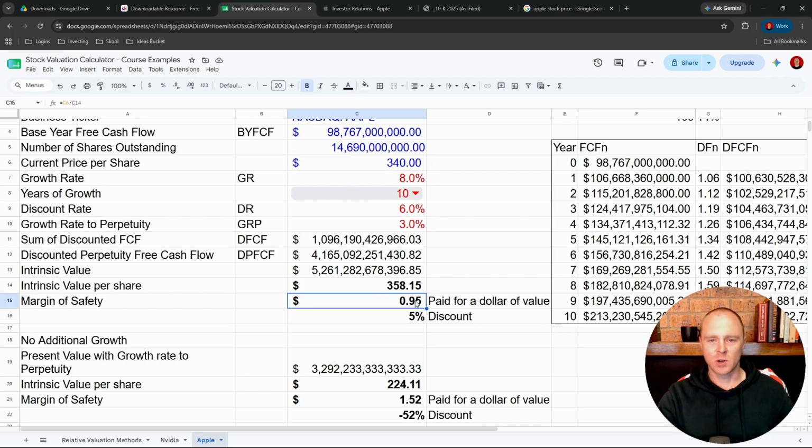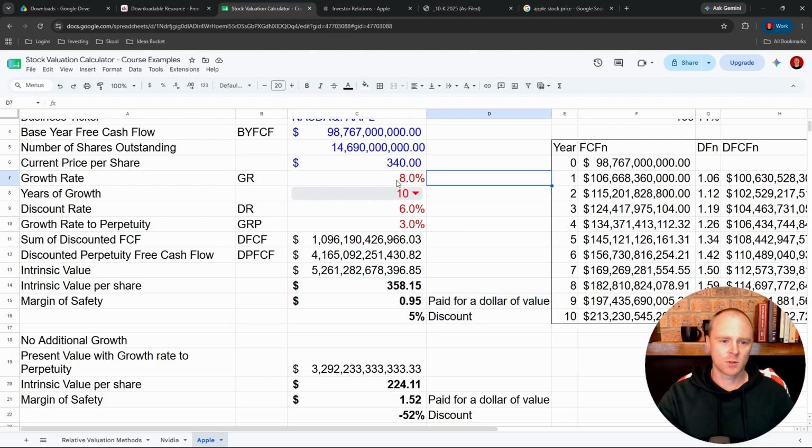And that gives us that we're paying 95 cents for $1 of value, which is only a 5% discount. So is that pretty close to reality, or is it just the fact that I got pretty close with a reasonable guesstimate on what the growth rate might be?